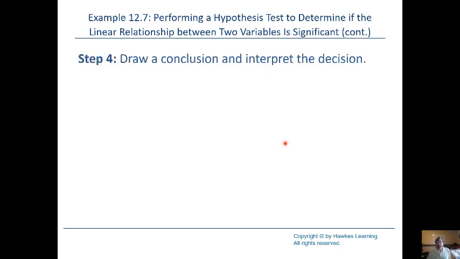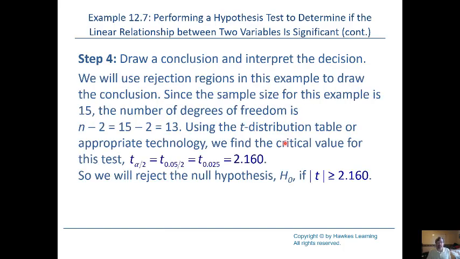We need first off the critical value of t, so we can set up the rejection region. Degrees of freedom is n minus 2, so we have 13 degrees of freedom. We are doing a two-tailed test because that's what we're checking.